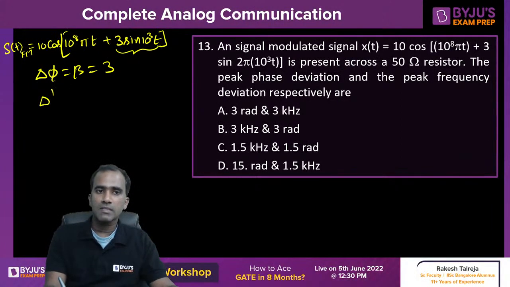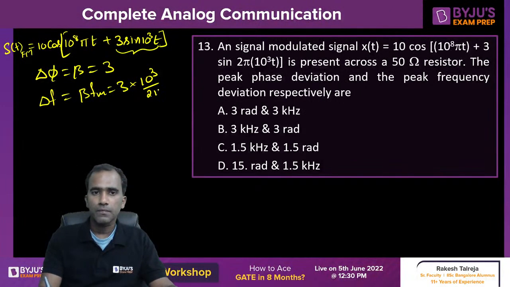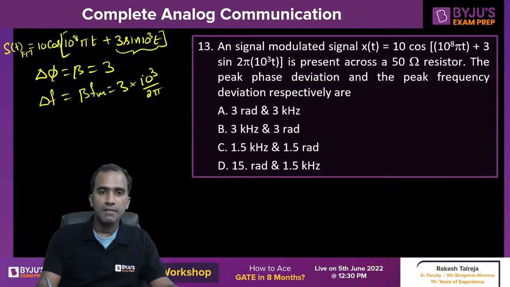Next, maximum frequency deviation is equal to beta times fm. In this case, beta is 3 and the message frequency is 10 power 3. Sorry, it is sine of 2 pi 10 power 3 t.